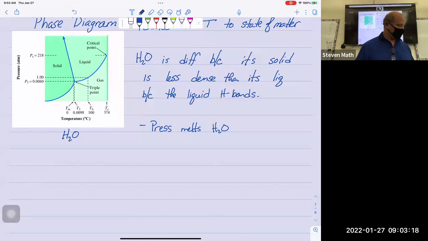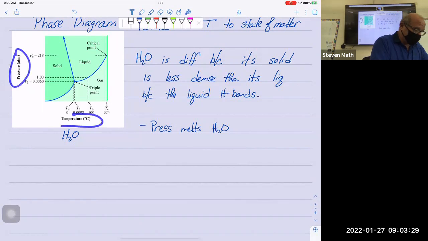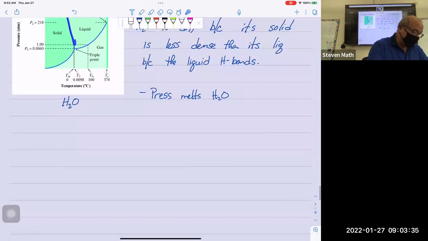Interpretation of the graph is pretty common. Pressure will always be on the Y, temperature always on the X. You'll know it's water because it has a negative slope.